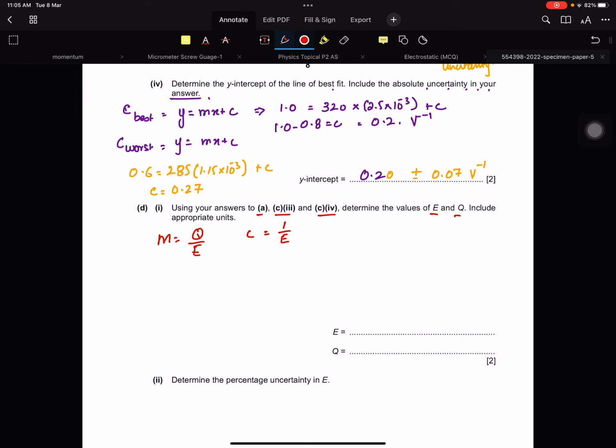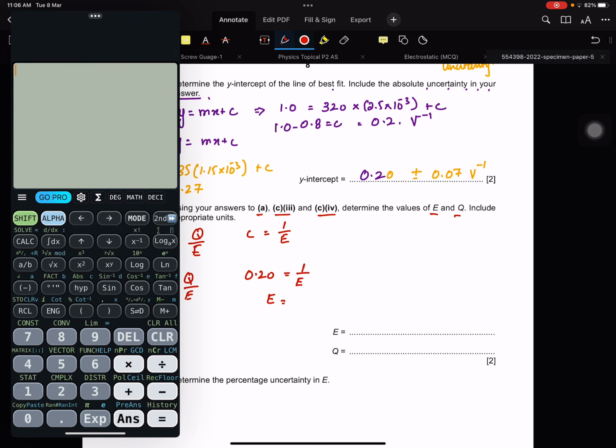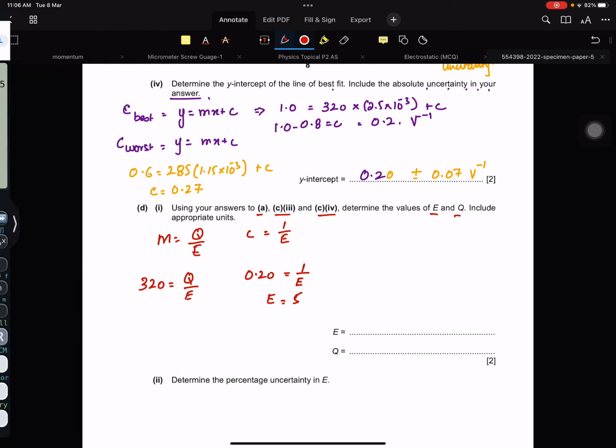The gradient you're going to take is 320. You need to find Q upon E, but unfortunately we don't have E, so we're going to keep it here. The intercept is 0.20, and I can find E from here. So E is going to be 1 divided by 0.20, that's 5, and then I can put it here.